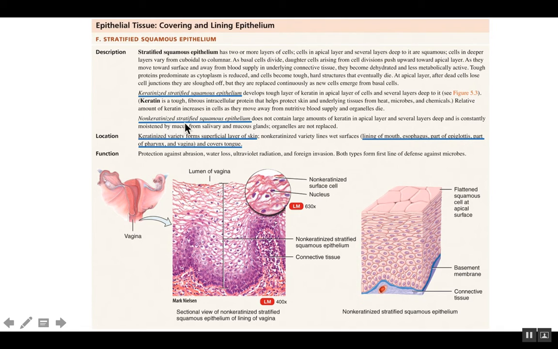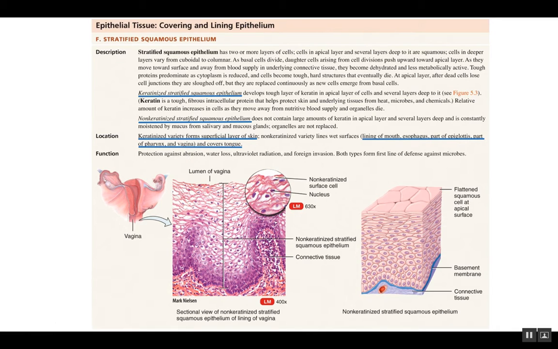Non-keratinized stratified squamous does not contain keratin, but it is indeed many layers of cells that offer quite a bit of protection. A good example of where you would find non-keratinized stratified is on the inside lining of your mouth, the inside lining of the esophagus, part of the epiglottis, which is kind of a little flap that closes off your airways when you swallow, and part of your throat or pharynx, and lining the vagina.